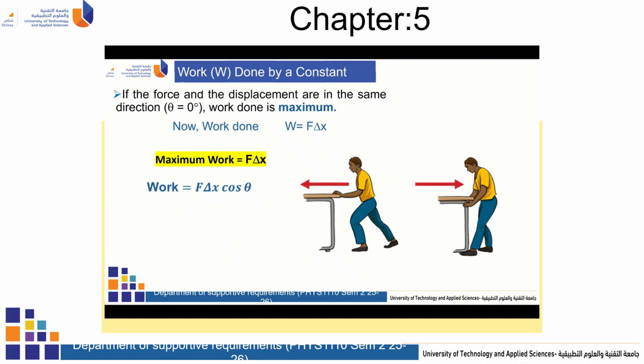So here the maximum work is shown. We have this formula for the work: W is equal to the force multiplied by the displacement multiplied by the cosine theta. This is our normal formula. But sometimes the work is maximum and sometimes the work is minimum.